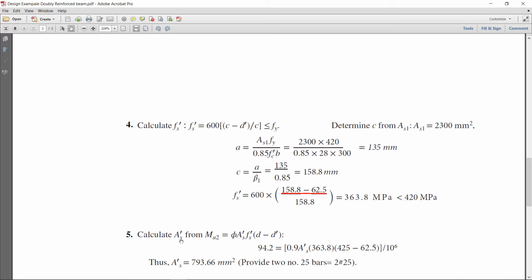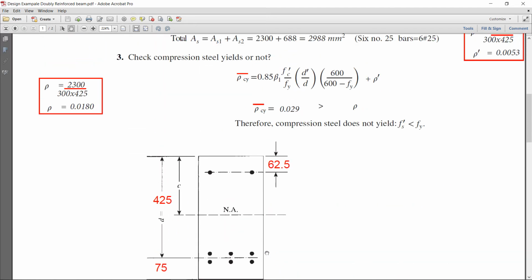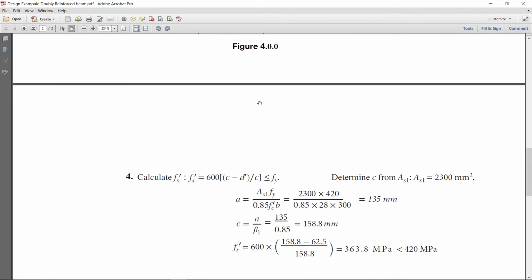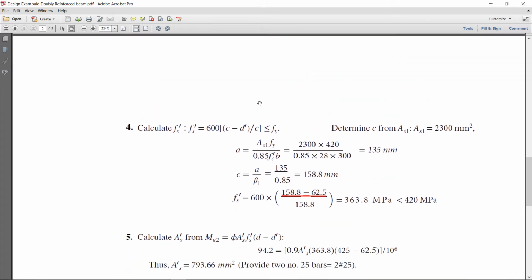Calculate As dash, that is the As2. Mu2 is the same formula: phi As dash Fs dash, D minus D dash. Same equation as the upper equation where we assumed yielding. Now we replace only Fy with Fs dash, because the steel in compression is not yielding.